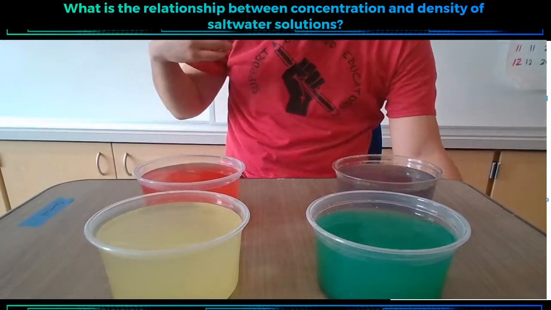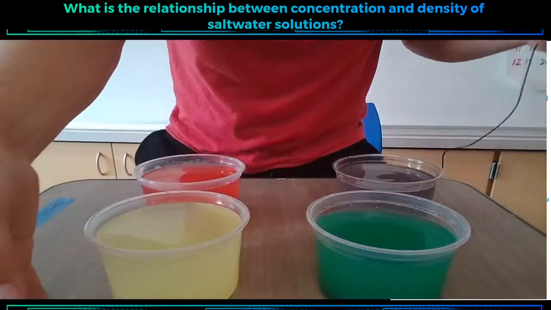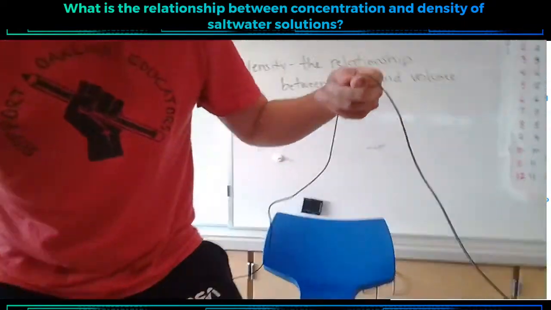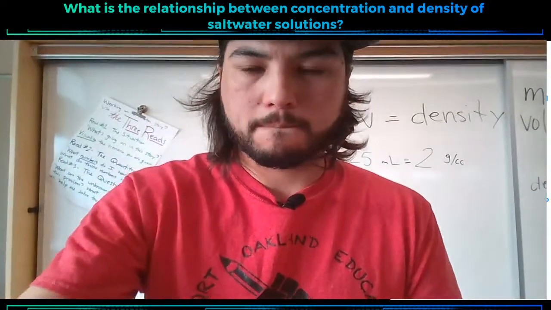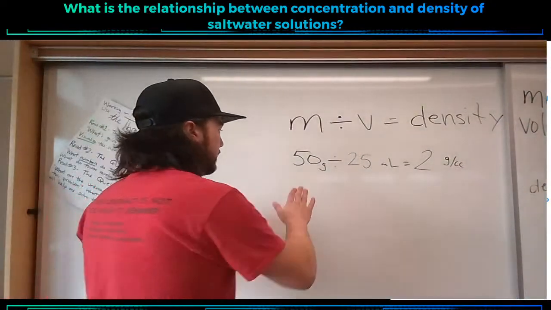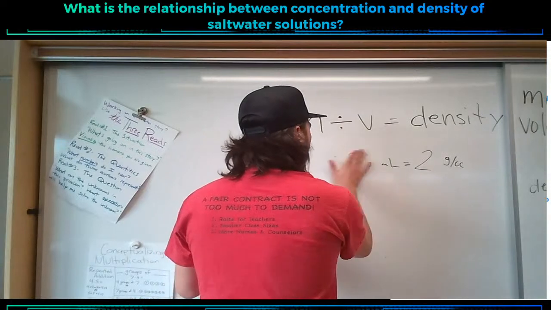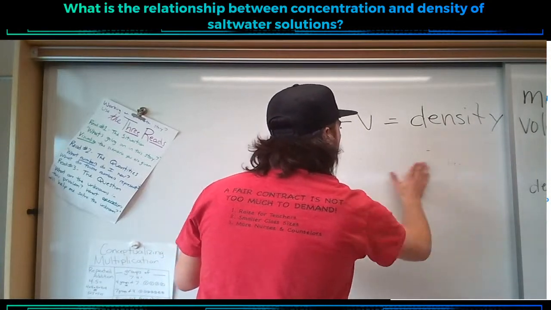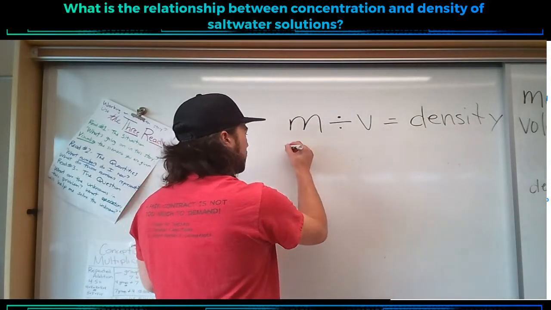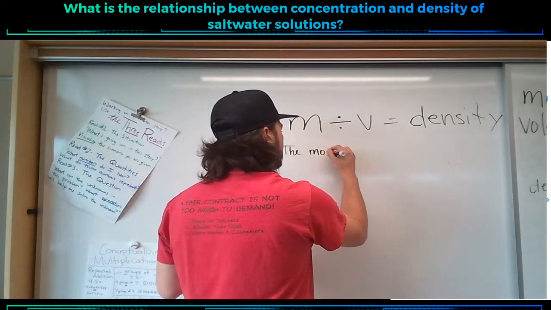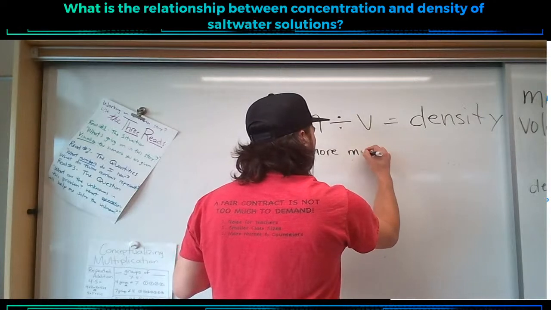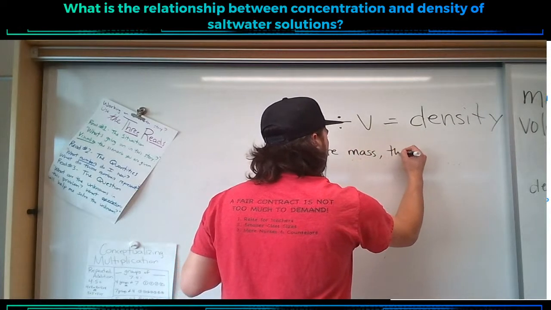So if we come back up to our original ratio here, let's consider this. We have this idea of mass divided by volume equals density. So essentially, by increasing the mass, the more dense.